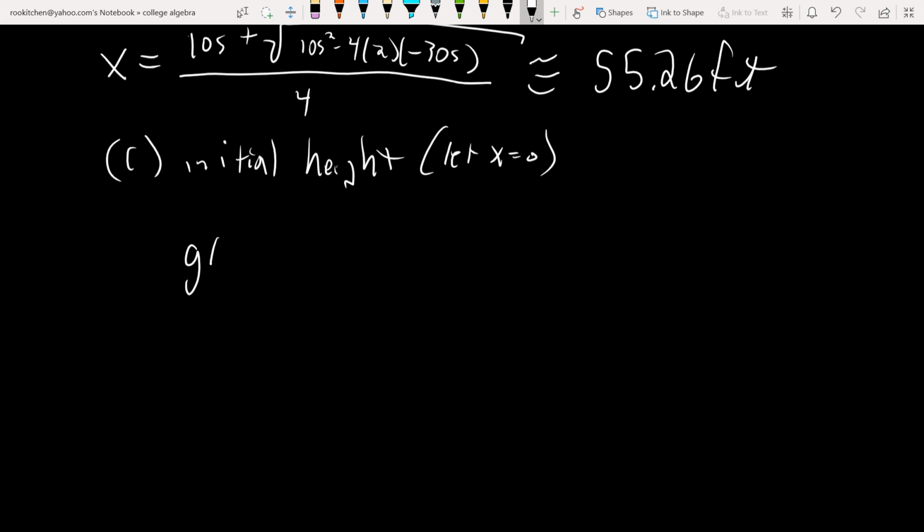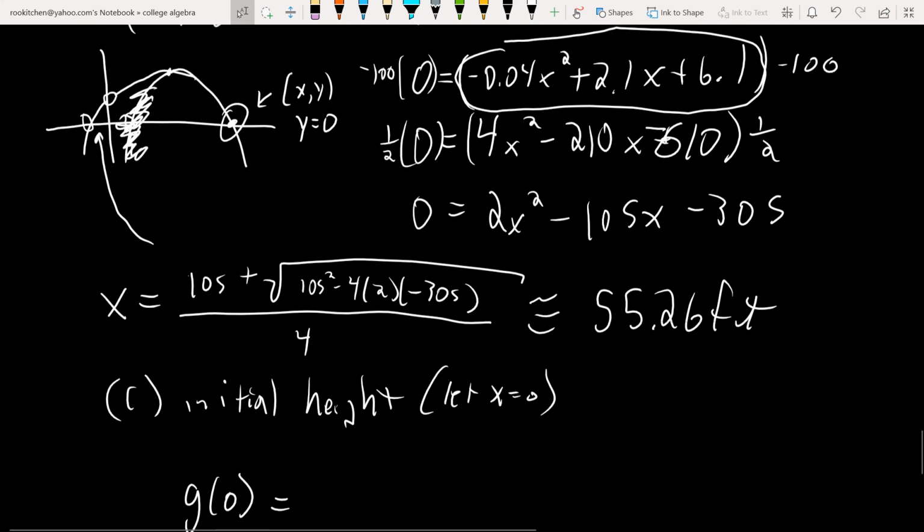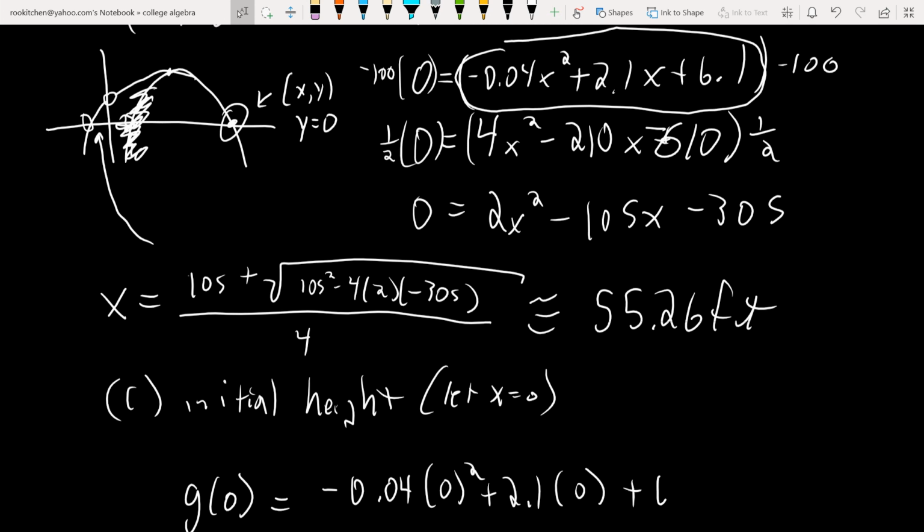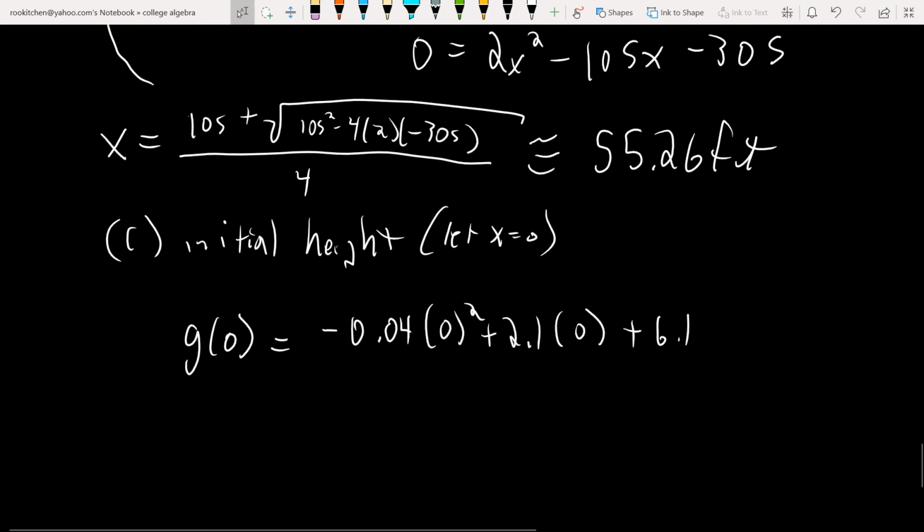Right? So g of 0 is going to be negative 0.04 times 0 squared plus 2.1 times 0 plus 6.1. The first two terms will just end up being 0, and you're left with 6.1, which seems like a reasonable height for somebody who's like an Olympic person throwing shot put.